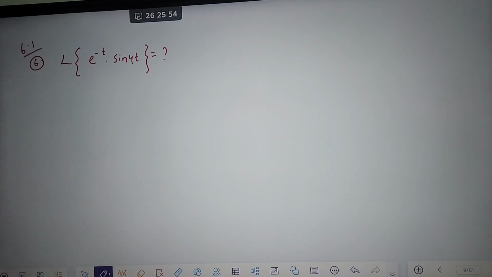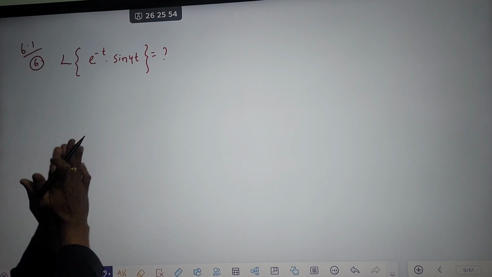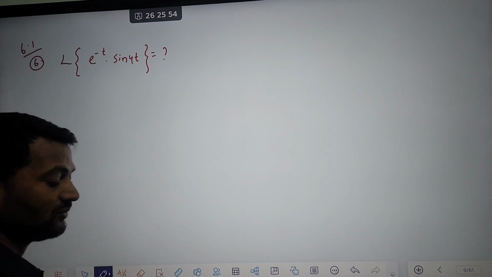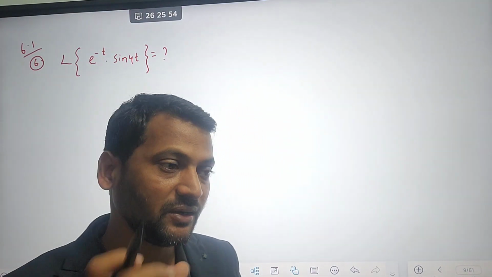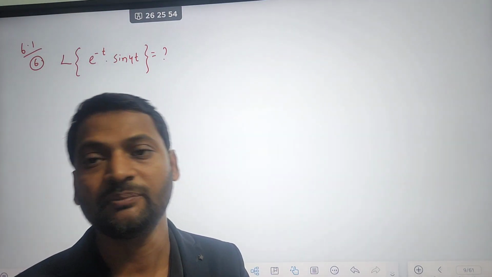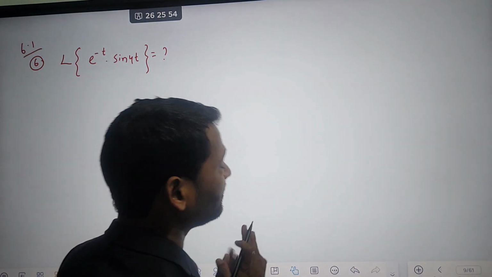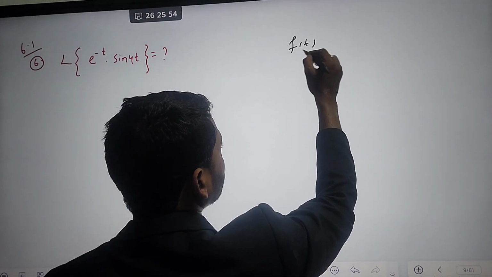So now coming to exercise 6.1, question number 6. We'll find out Laplace of e to the power minus t into sin 4t. Again the same type of question, the same concept will apply, the first shifting theorem. One thing to remember: if it is given in the question e to the power at into a function, then directly apply the first shifting theorem. I have already said what the first shifting theorem is. So what is the function?